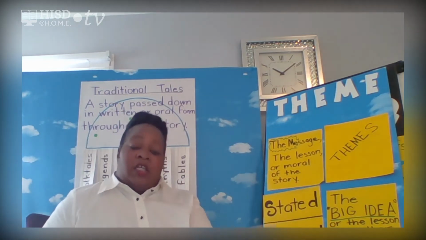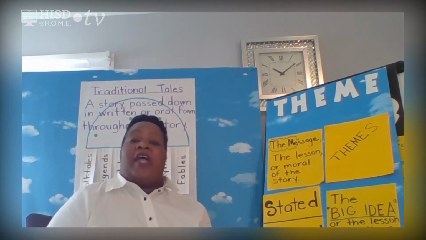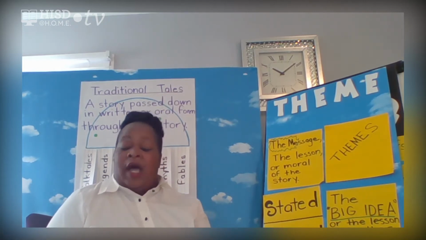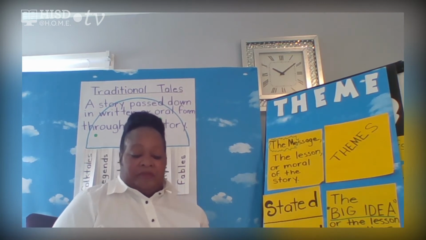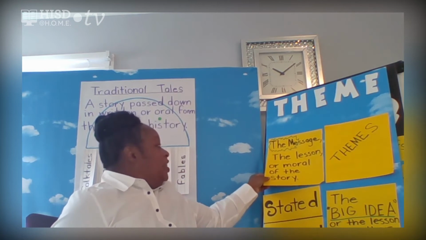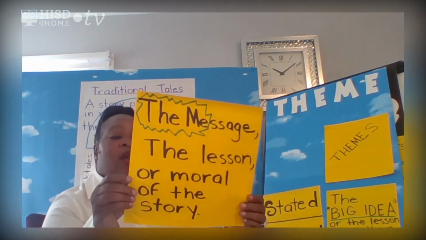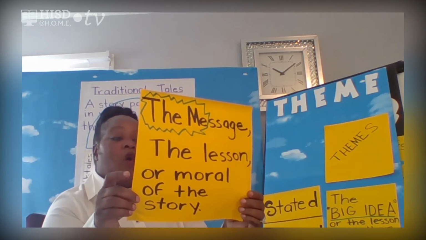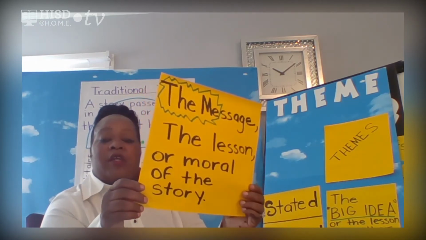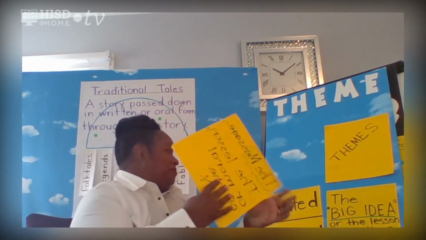We also want to think about the characters, how they reveal who they are, and how they change. Speaking of theme, a theme is the message or lesson or the moral of the story.